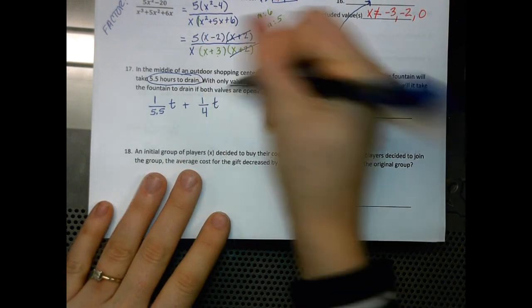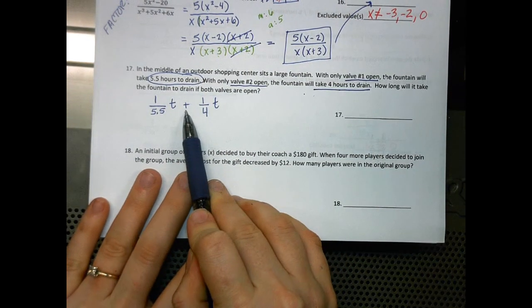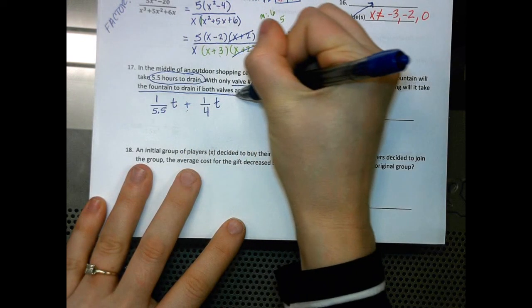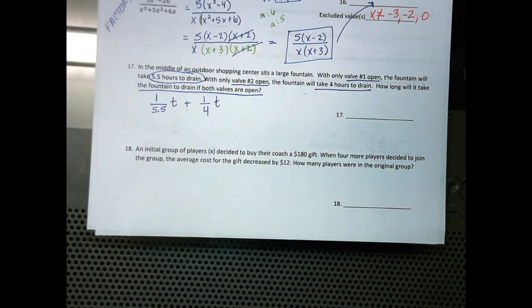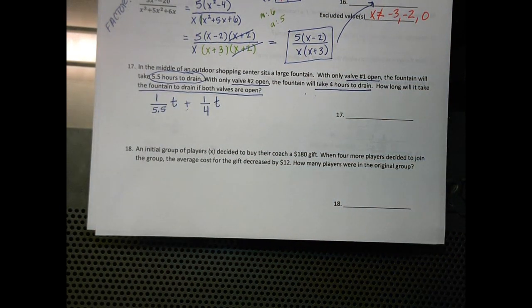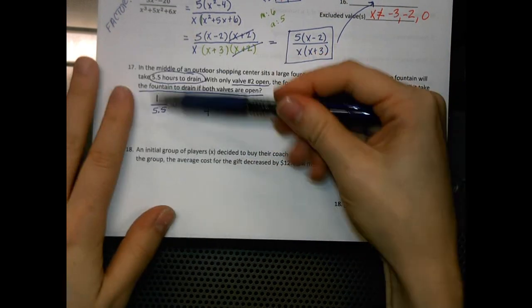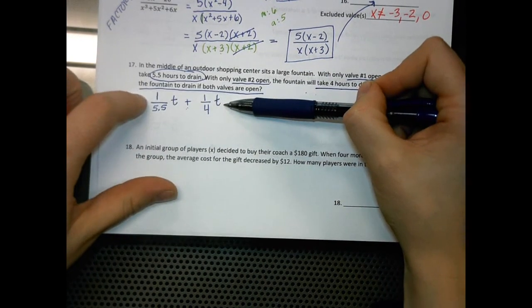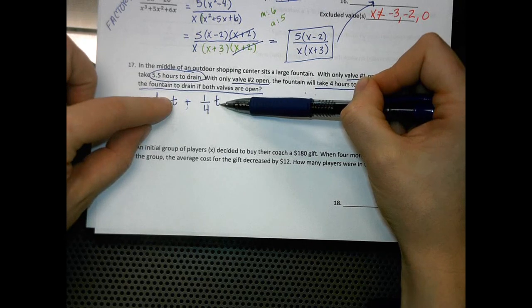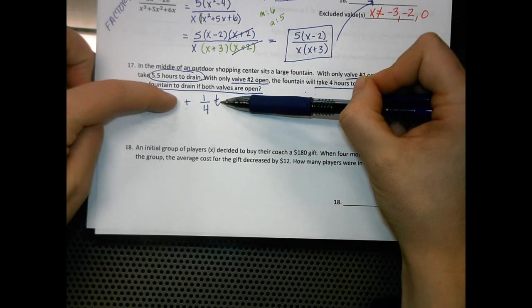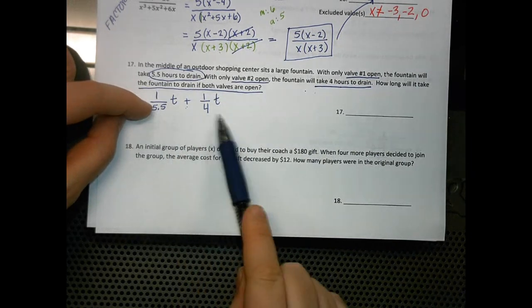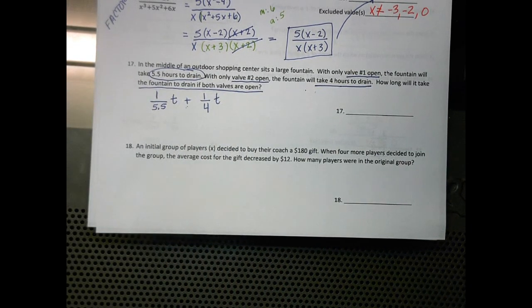Okay, and then why are we adding these together? The question says both valves are open now. So you have a rate of one added to a rate of another, but the time remains the same. As 1 hour passes, how much of the fountain is drained?